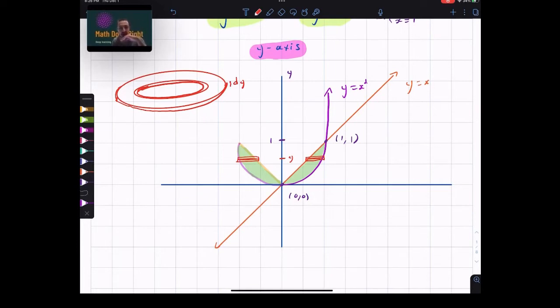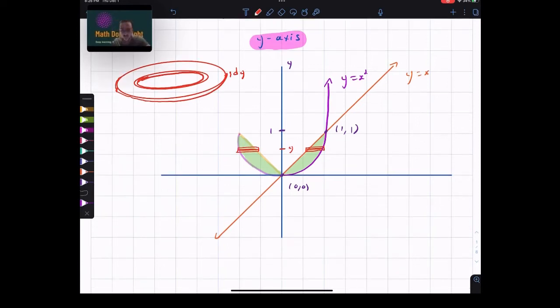Just the way that when we integrate in 2 dimensions, we integrate over one variable, like a bunch of lines, and we get an area. Here, we're integrating a bunch of 2-dimensional things and getting a volume.